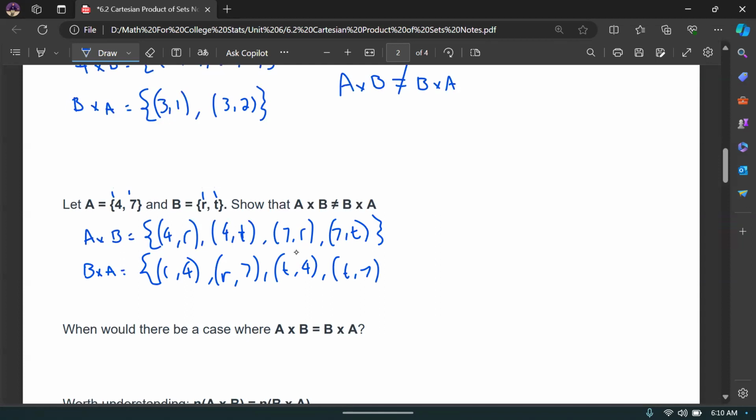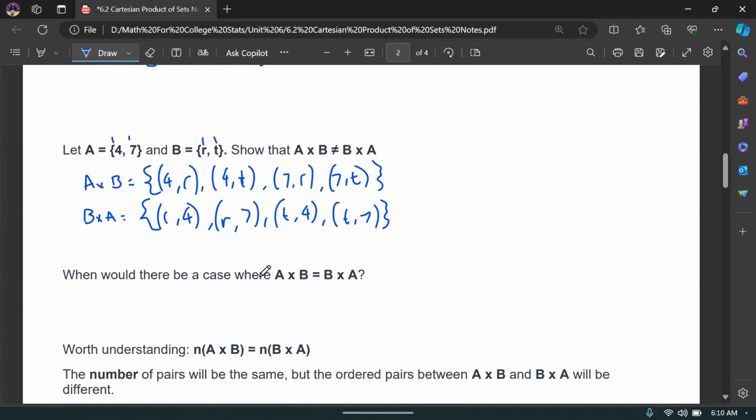So as you can see, they are different ordered pairs. They're not the same thing. They're reversed, but that doesn't mean they're the same, right? Now, a nice little trivia question here is, would there be a case when A times B is equal to B times A? I'll give you a second to think about that.